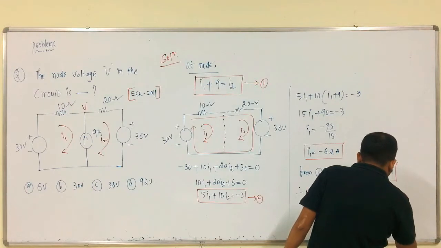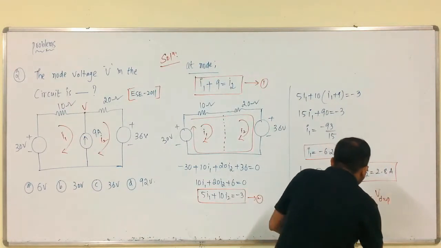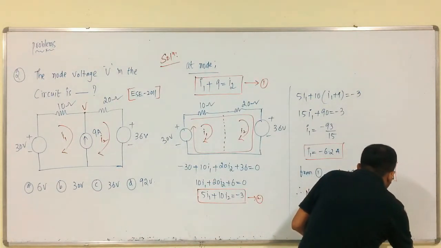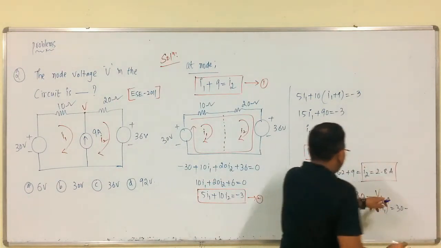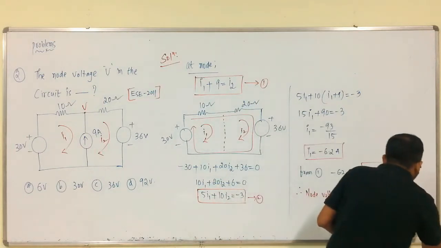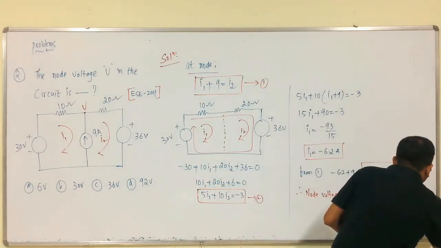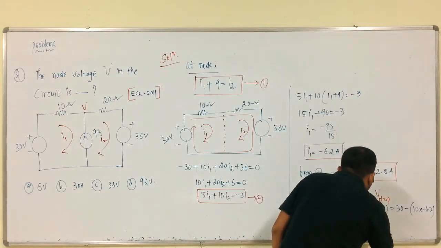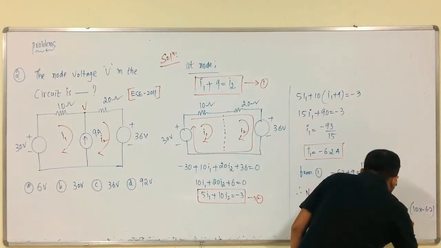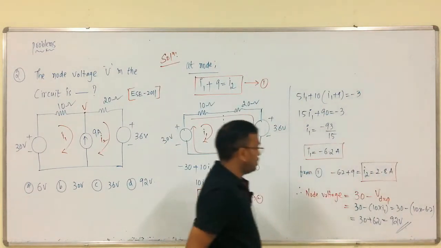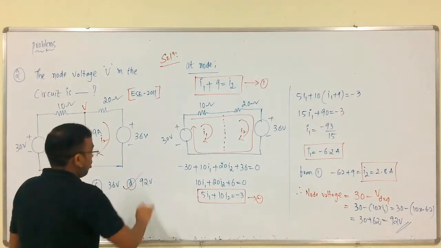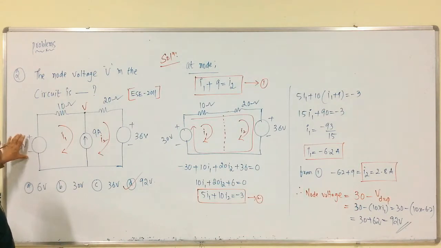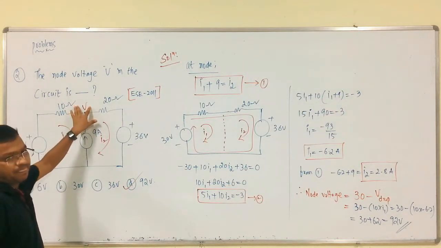V is equal to 30 minus 10 into I1, which is 30 minus 10 into minus 6.2, which is 30 minus of minus 62, that is 30 plus 62, which is equal to 92 volts. The answer is option D. Simple, we can get this voltage: 30 minus drop is equal to V, that is it.